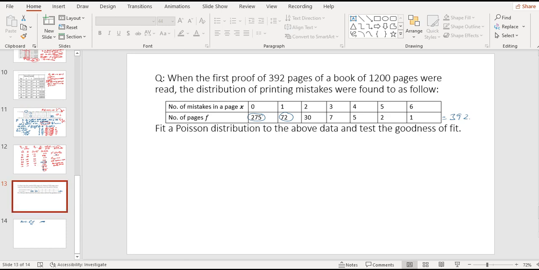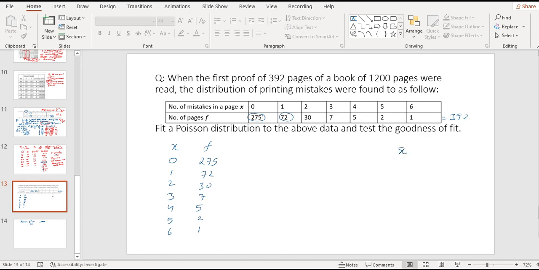So firstly, let us consider this data. X is given here as 0, 1, 2, 3, 4, 5, 6, and its frequency is given as 275, 72, 30, 7, 5, 2, and 1. So what is the mean?